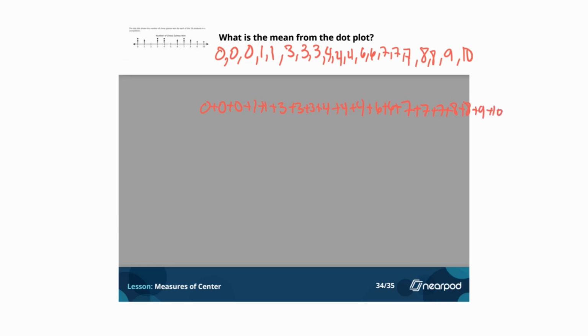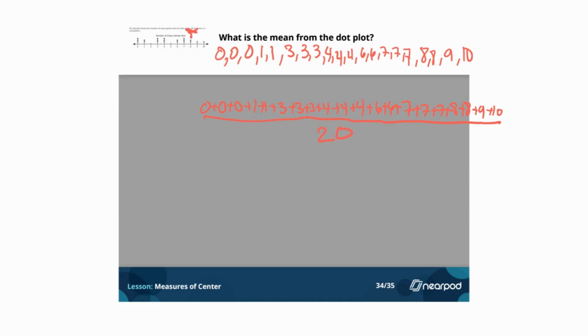So all those numbers we added, which was quite a bit, you still need to divide by how many numbers were up there. So we're going to count them: 1, 2, 3, up to 20. So in total, there was 20. And you didn't even need to count them, because in the question, it tells you 20 students. So we're going to divide all that by 20.